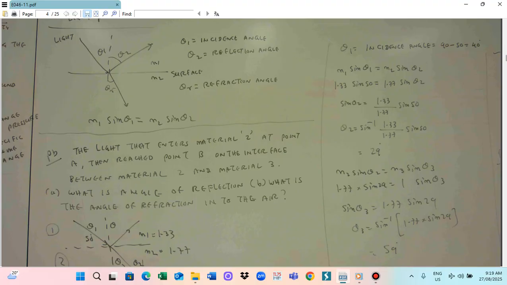Then beyond the medium is air, so n3 is 1, and we have to calculate sin theta 3. So sin theta 3 is equal to 1.77 times sin 29. Theta 3 is equal to sin inverse of 1.77 multiplied with sin 29. Theta 3 can be calculated as 59 degrees.